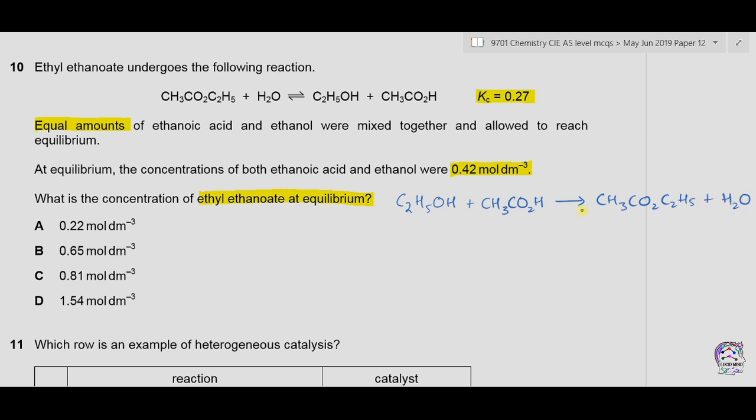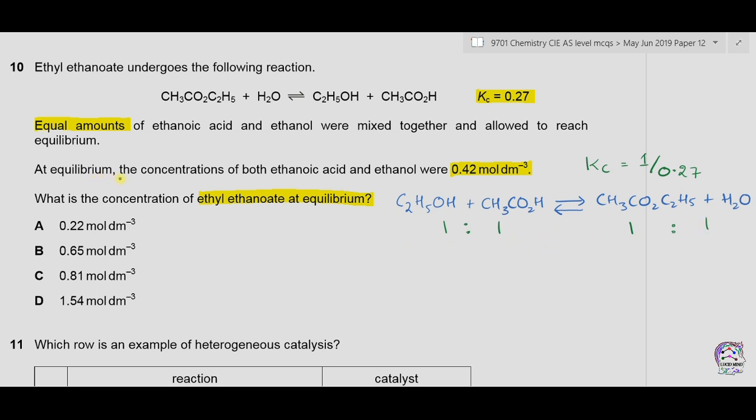As it is a reversible reaction, there will be double arrows. The value of Kc will be 1/0.27 as I have reversed the chemical reaction. As we can see, the number of moles of reactants and products are balanced. So we have 1 mole of ethanol reacts with 1 mole of ethanoic acid and it forms 1 mole of ethyl ethanoate and 1 mole of water. So at equilibrium we have equal number of moles.